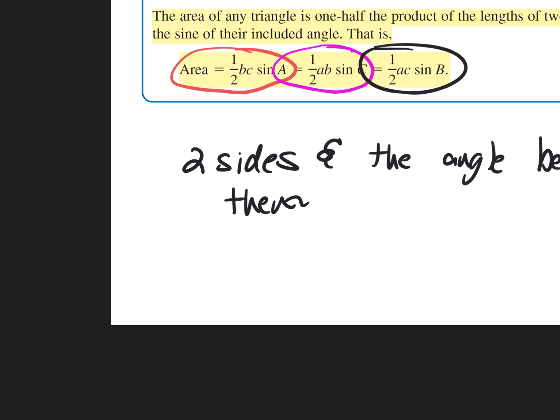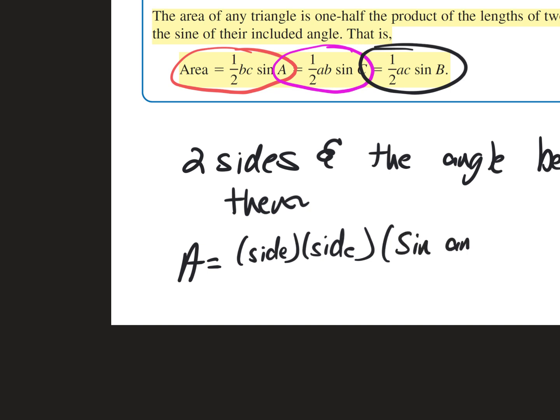The way that I like to look at this formula, I like to write it like this. As side times the sine of the angle and divide it by 2. You don't even have to worry about a fraction, just divide it by 2. If you want to put 1/2 at the front, it's fine. But you need 2 sides and the angle that's in between them, or the angle that connects them.